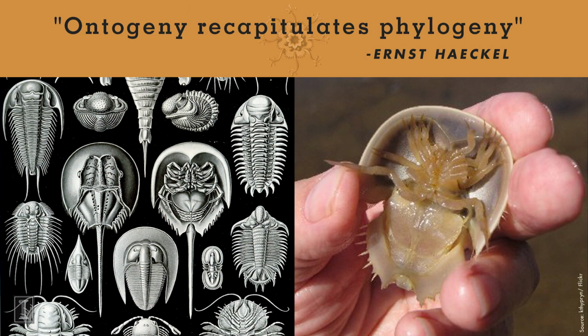And we describe that with a phrase that is ontogeny recapitulates phylogeny. Ontogeny is the growth history of one single organism. Phylogeny is the history of evolution of all lineages of that organism through time.